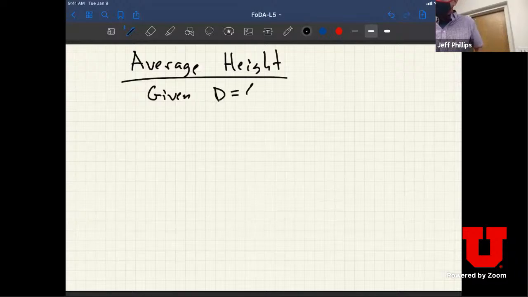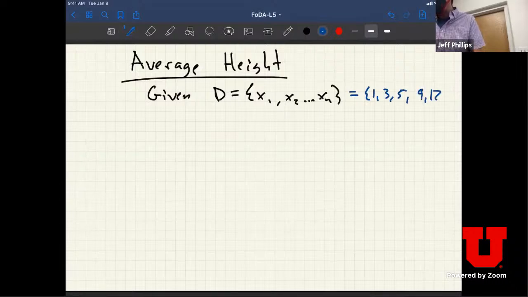We'll be given some data, x1 up to xn, and we'll eventually tie this back into the example from last time, where we actually had this data equal to 1, 3, 5, 9, and 12, or at least partially tie into this example.